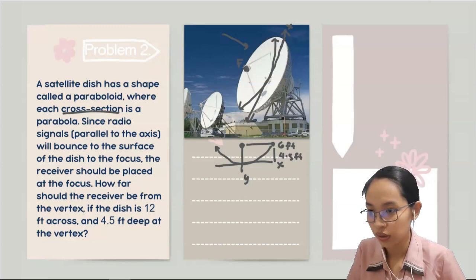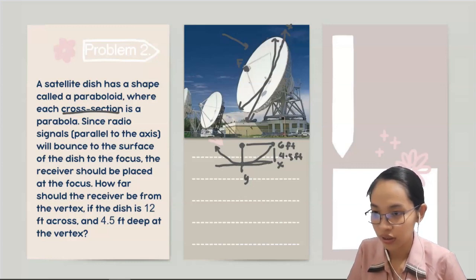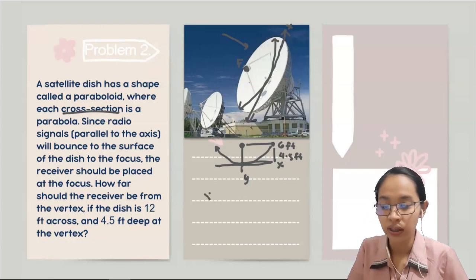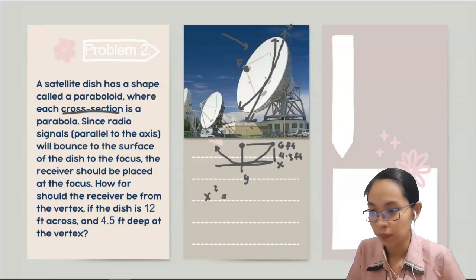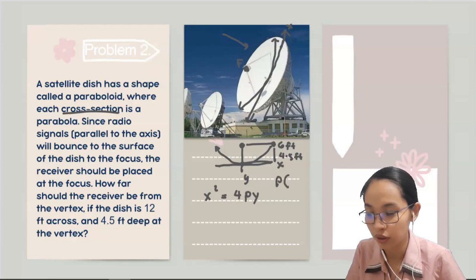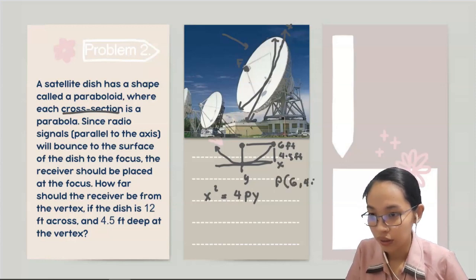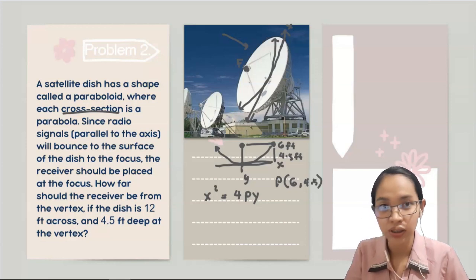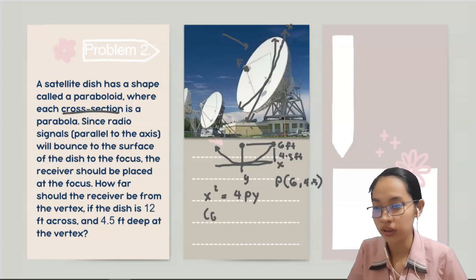Okay, if this is our given parabola and the given vertex is located at the point of origin, our general form is x squared equals 4py. And since meron tayong particular point dyan, that is P located at, we have 6 and 4.5, we can make use of this point in our general form.